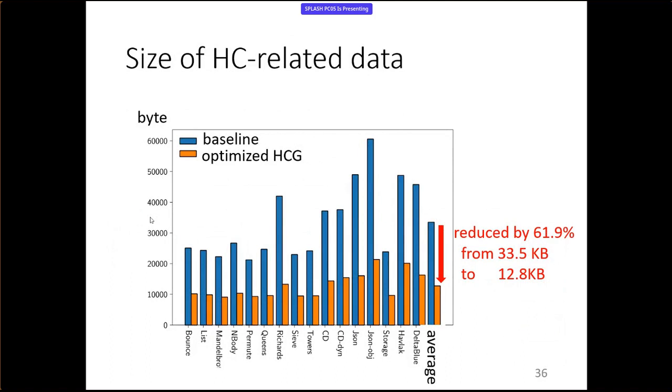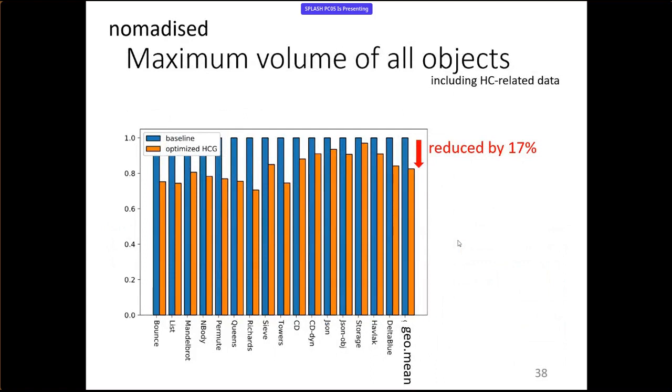The first result is about the size of hidden class related data. The hidden class related data was reduced by 91.3% at maximum, and 61.9% on average. And the maximum volume of all objects, including the hidden class related data, was reduced by 17%.